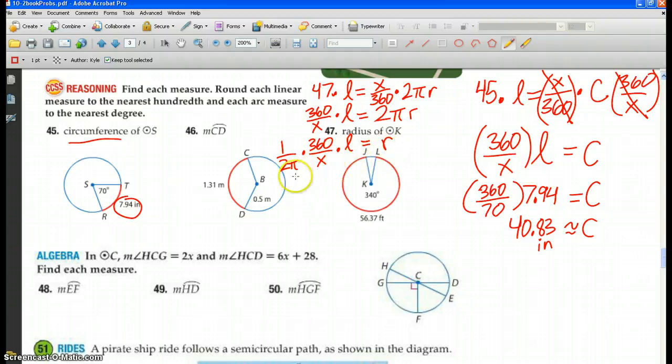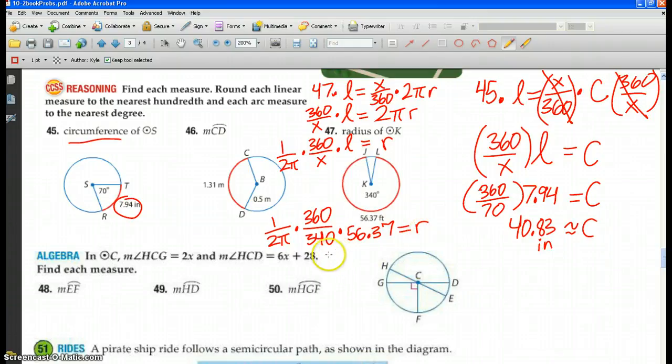So we can substitute in what we know here. We would take 1 over 2 pi times 360 over our angle, which is 340 degrees, times our arc length, which is 56.37, and that will be equal to our radius.